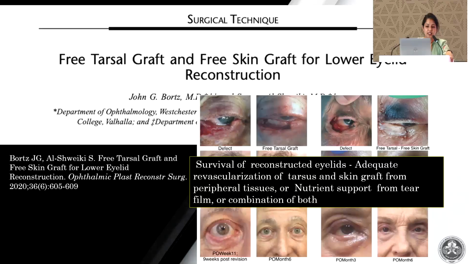Here the authors postulated that survival of the reconstructed eyelid was either due to adequate revascularization of the tarsus and skin graft from the peripheral tissues, or nutrient support from the tear film, or a combination of both. However, limited sample size and the reconstruction of the lower lid, which has a small tarsus height as compared to the upper lid, limits its widespread use.